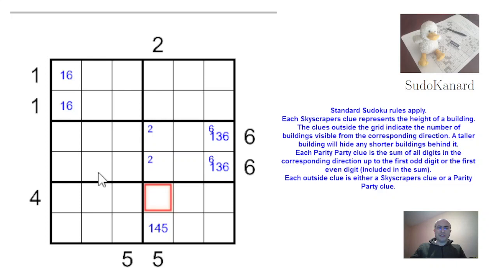So we are still under the assumption that this is the skyscraper clue. So we know that 6 is here, we know that 5 is here, and we know that 1 won't be seen, so that has to be 2. This is either hidden 1 or visible 3.